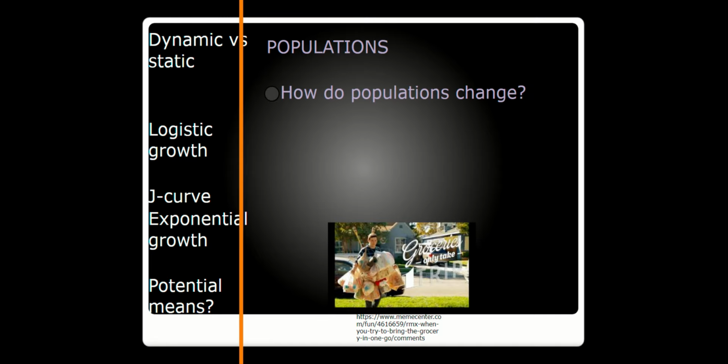What does potential mean? It means that it can happen, right? Doesn't mean it always has to happen. It has the potential to. If we talk back about the elephants and rabbits, realize the gestation period for an elephant is 2 years. So it can't have as many kids as a rabbit because a rabbit has a much shorter period where it's pregnant and it has more kids at once. A rabbit has more kids at once than an elephant does. Again, that goes back to the idea of the biotic potential.